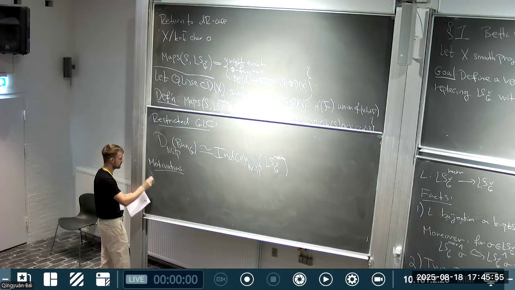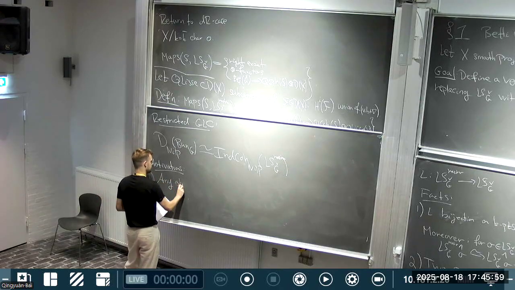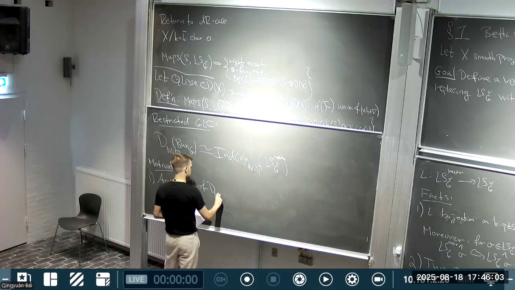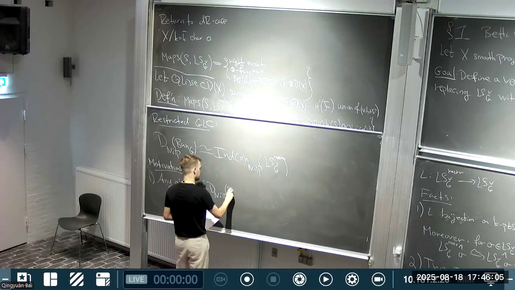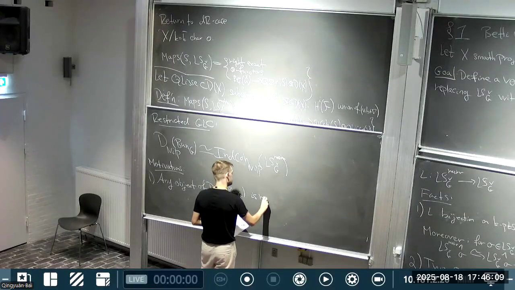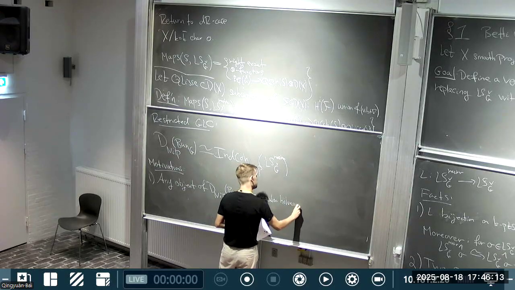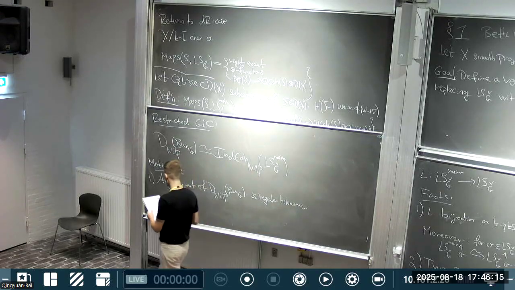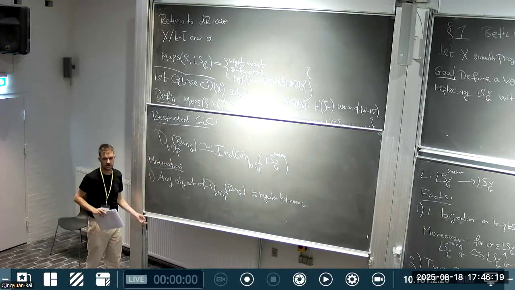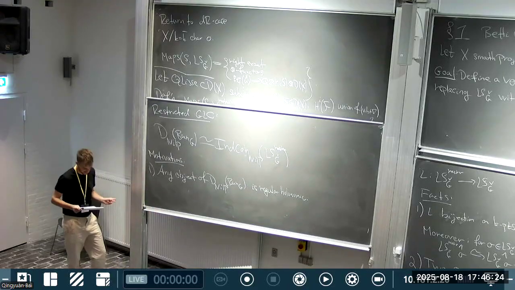For this, you absolutely need the following statement, namely that any object of the nilpotent singular support category on Bun_G is a regular element. The monodromy is automatic because regular monodromy is definitely not.